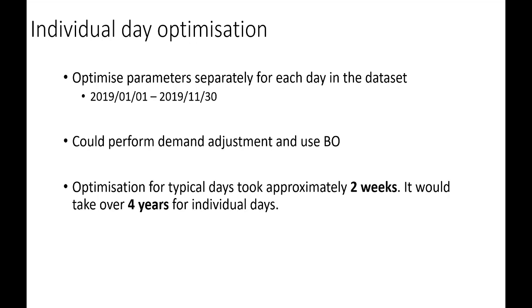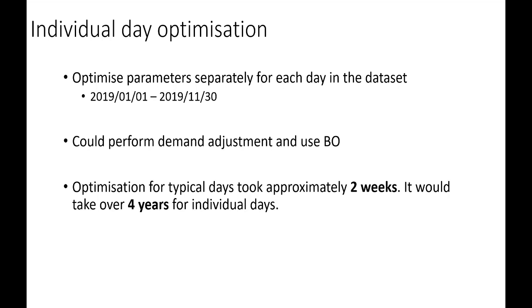We've got data covering approximately 1 year, and we want to find the optimal parameters for each day and for each hour of the day. Now, the natural approach would be to perform this demand adjustment procedure, use the adjusted demand in each case, and perform the optimization, but that quickly blows out and becomes an impossible task.